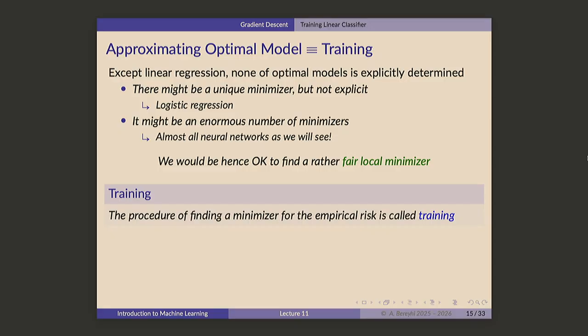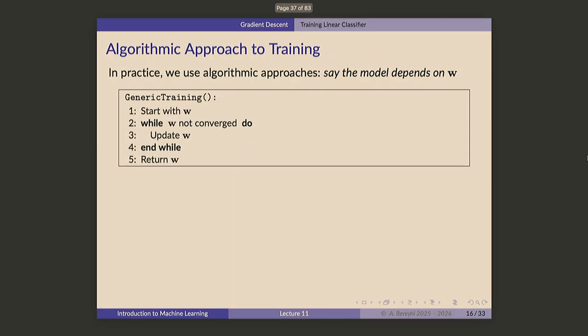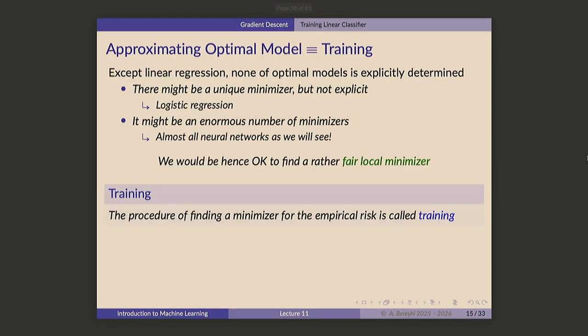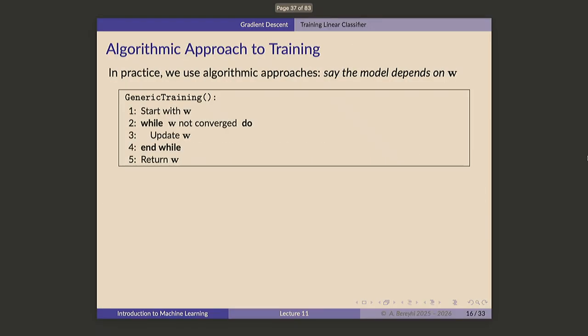Training simply means the optimization that you solve when you want to find the right parameters in your model, right? When you maximize the likelihood or minimize the empirical risk. Now, if you are doing the training, you always want to find a minimizer. And the point is that your function might have a bunch of minimizers. And you want to get, I am writing it here, and I'm going to explain what I mean, a fair local minimizer, right?